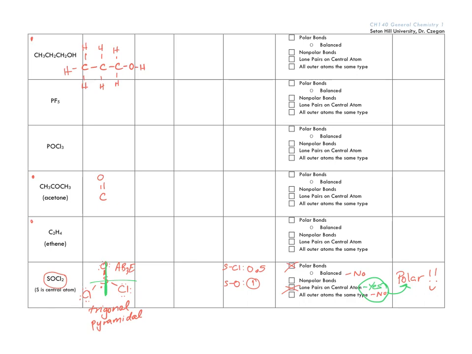It's a carbon double bound to an oxygen, and then it has another bond to a CH3 group, which looks like this. And ethene is 2 carbons double bound to each other, and then each carbon has hydrogens off of it. So that's what these structures look like. You can determine whether or not it's polar or non-polar. Again, we're looking for uneven electron distribution across the whole molecule.